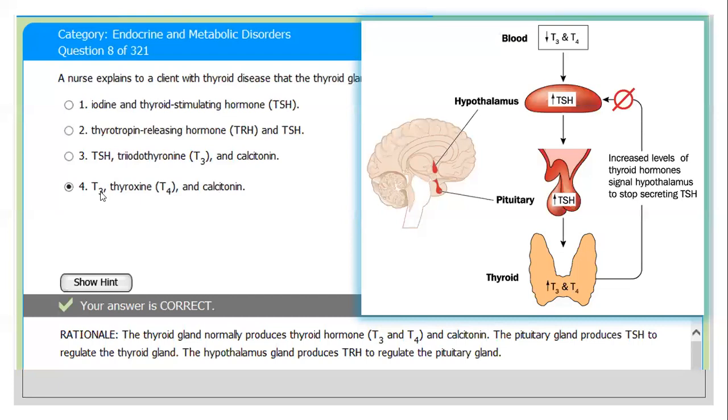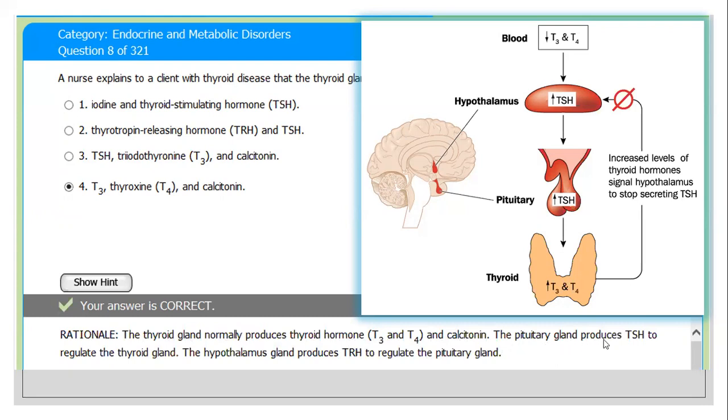T3 is also called triiodothyronine, and T4 is also called thyroxine. The rationale says the thyroid gland normally produces the thyroid hormones T3, T4, and calcitonin.